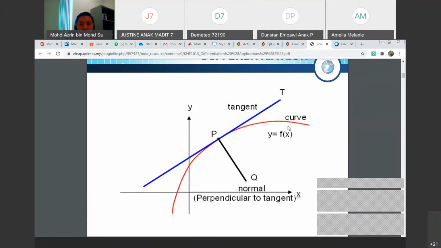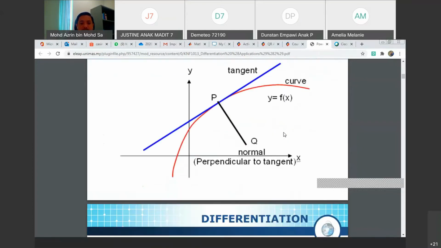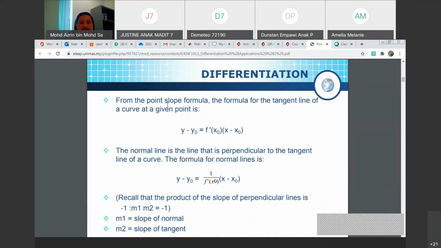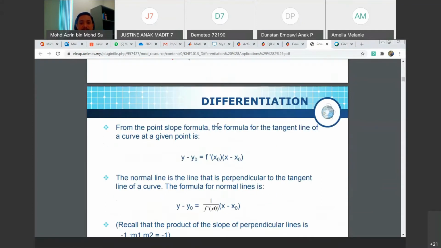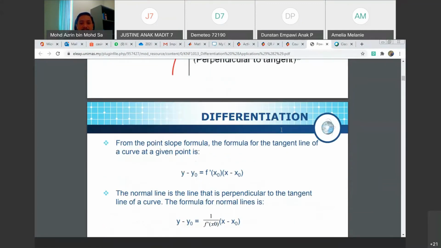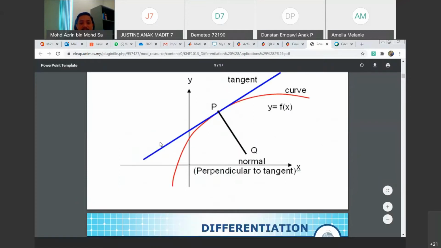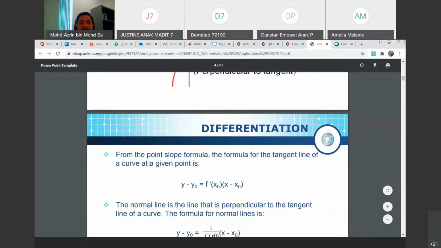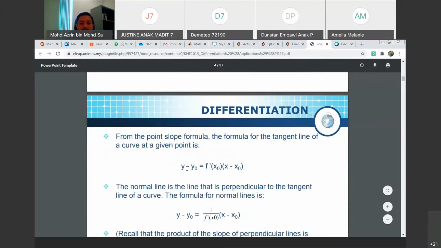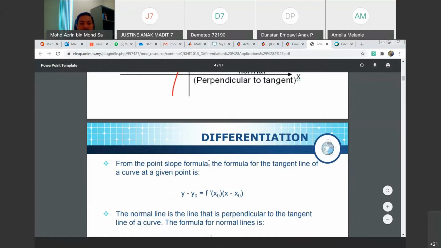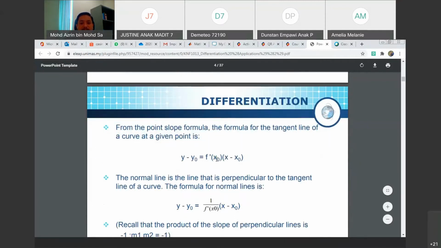So we can find the differentiation of the curve, and then using the point-slope formula, we can find the formula of the tangent line, the blue color tangent line here, of a curve at the given point, which is y minus y naught equal to f prime, the differentiation of the function or curve, at x naught, times x minus x naught.